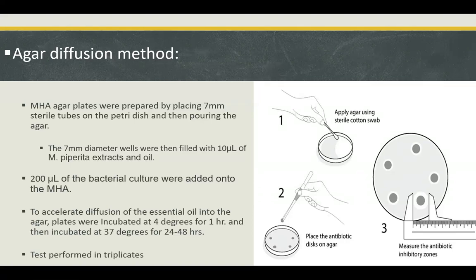After 24 to 48 hours of incubation, the antibacterial activity was evaluated by measuring the width of the zone of inhibition of growth against the tested organism in comparison to a control of reference standards. And all these tests were performed in triplicate.